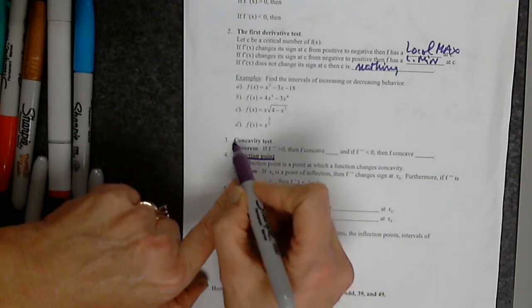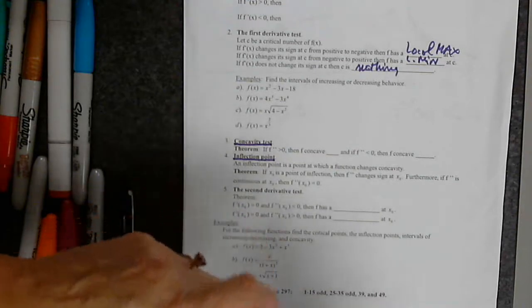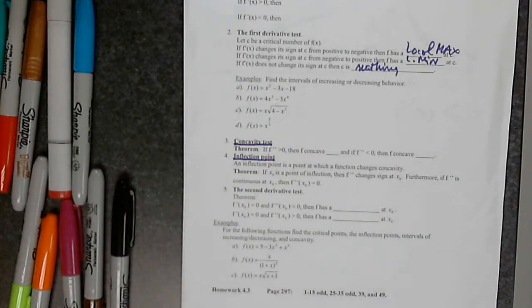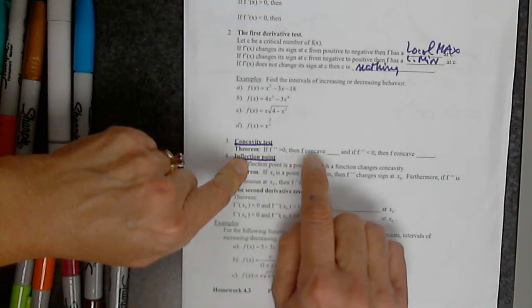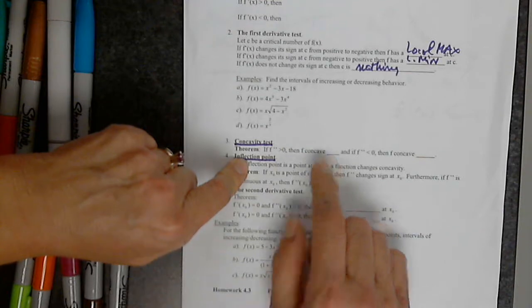So I'm coming back here to the concavity test. How will I know when the function opens upward or downward? I have to find the second derivative. If the second derivative is positive, then the function opens upward. If the second derivative is negative, then the function opens downward. So if the second derivative is positive, then f is concave upward.